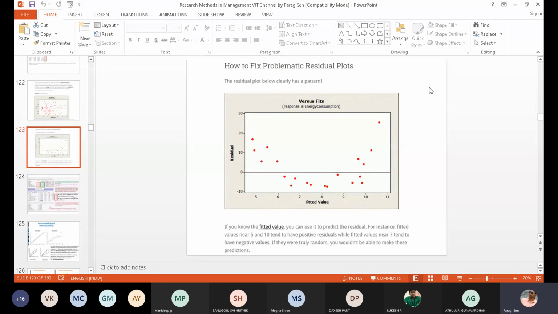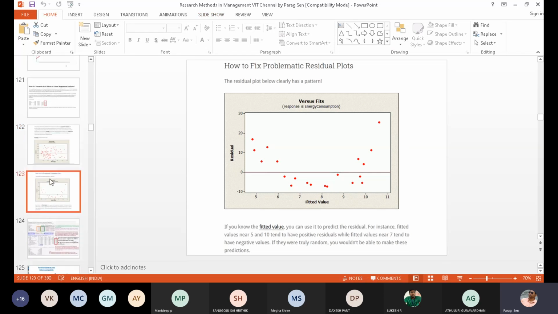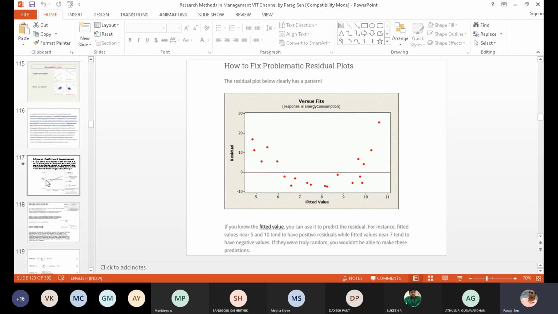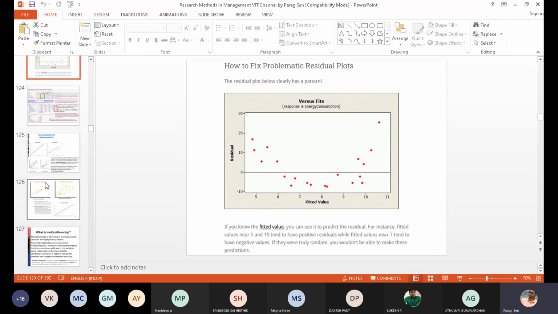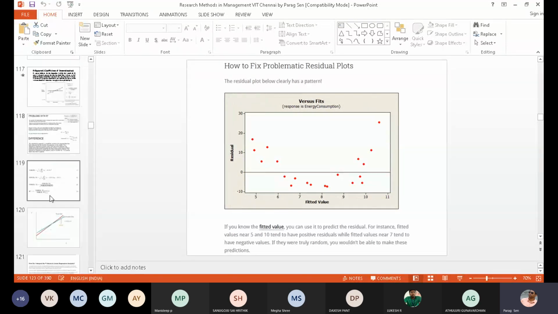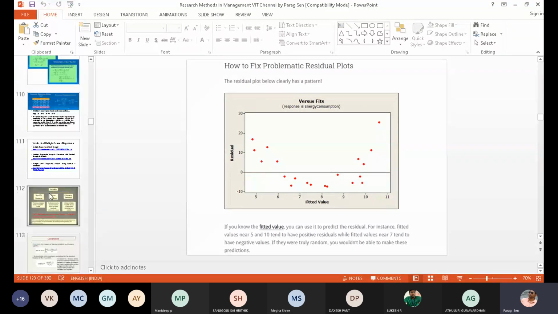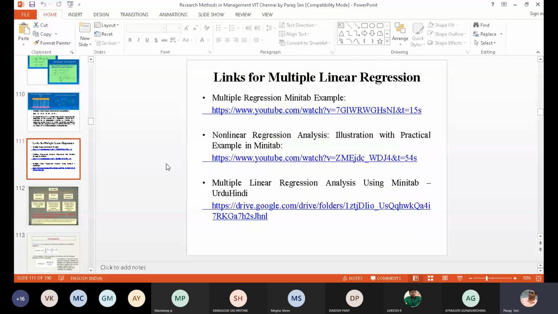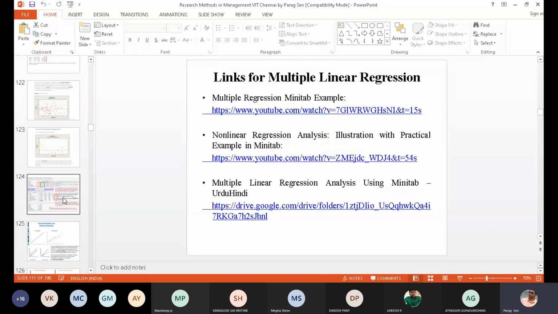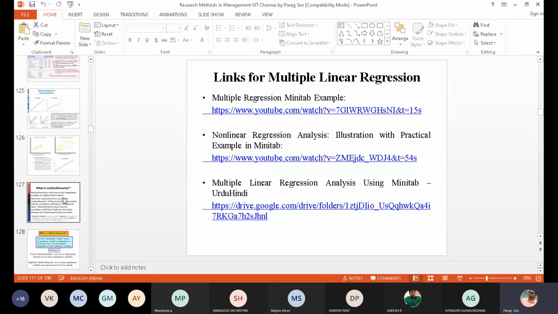Then you need to fit some other kind of model, maybe quadratic or something else. You can check out the video, the link that I have provided. You will get an idea for the non-linear case. But again, this is not very easy, because there could be different non-linear forms you can have.